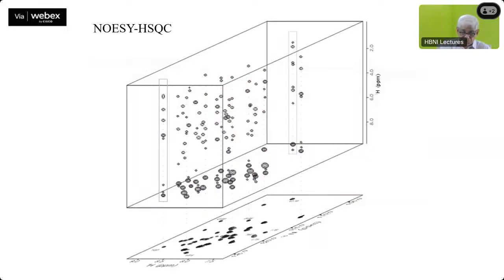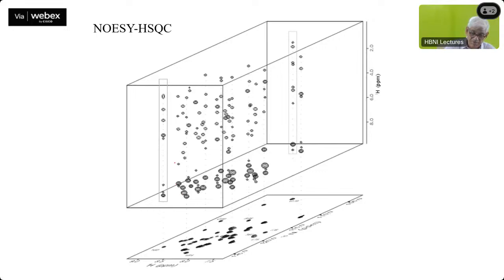So here is an illustration of that. You have a typical 2-dimensional proton-N15 correlation spectrum, proton on this axis and N15 on this axis. And then you have the NOESY. So if you take these various sections, each of these peaks generates proton NOEs along this axis.